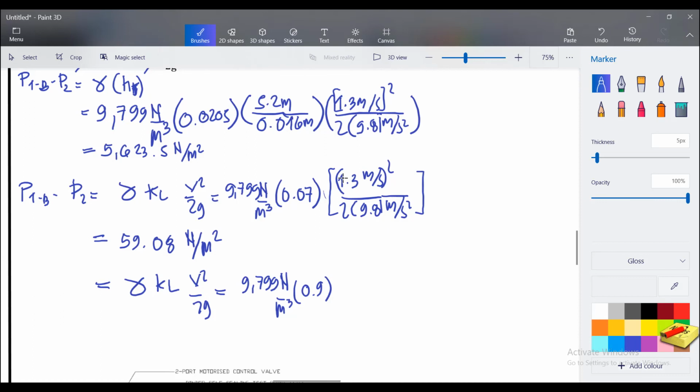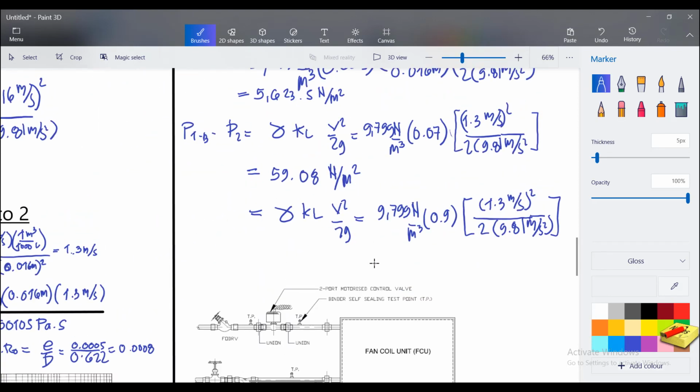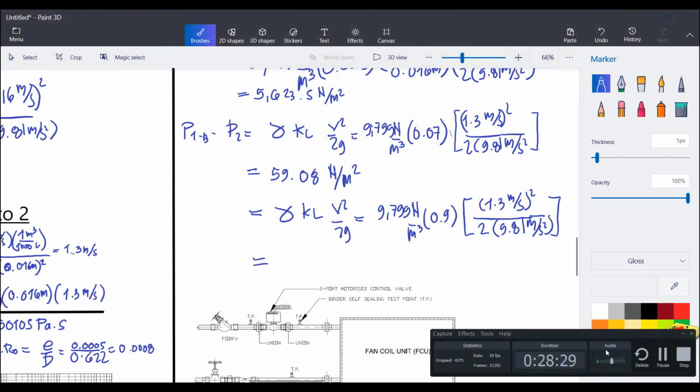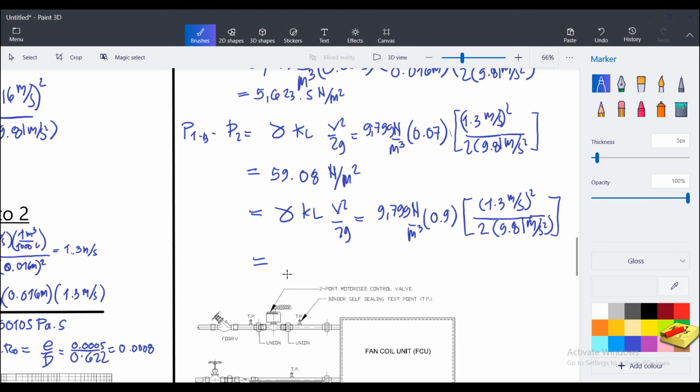Then that will be velocity 1.3 meter per second squared divided by 2 times 9.81 meter per second squared. So what we have here now is 759.64, or let's say 65.